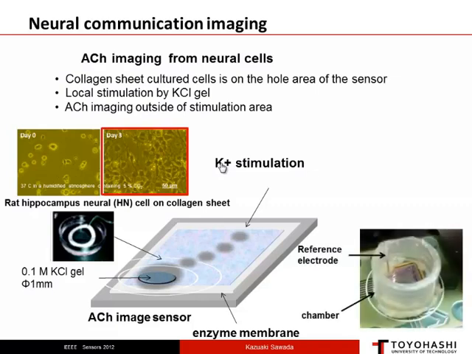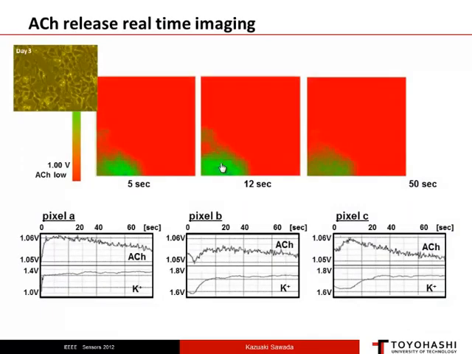Here is the ion image sensor, and this is a chamber. These are the results. We put the potassium KCl gel on this area. By the stimulation, we can catch acetylcholine emission from here.